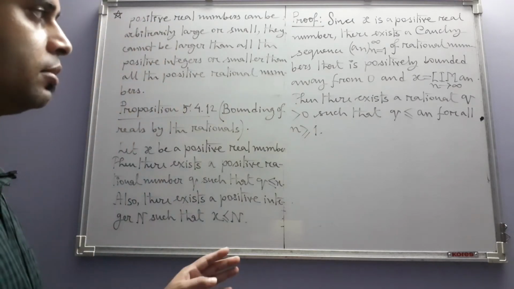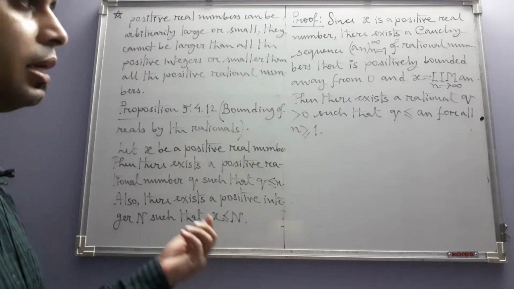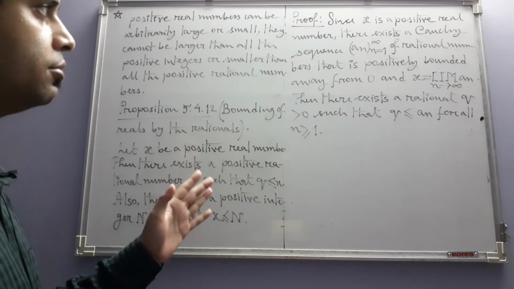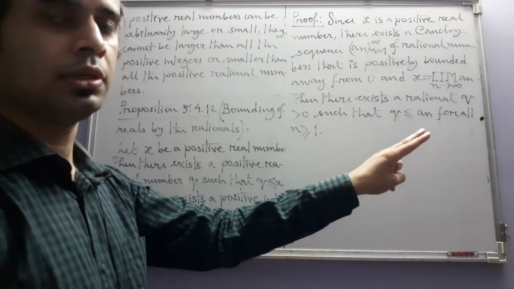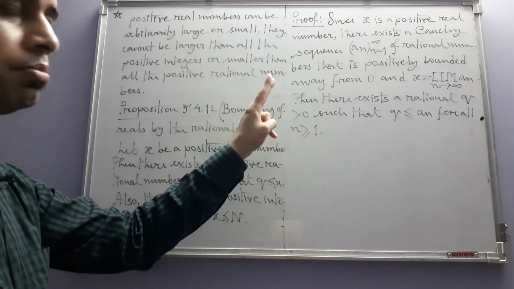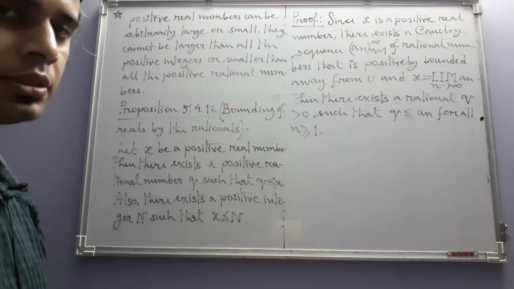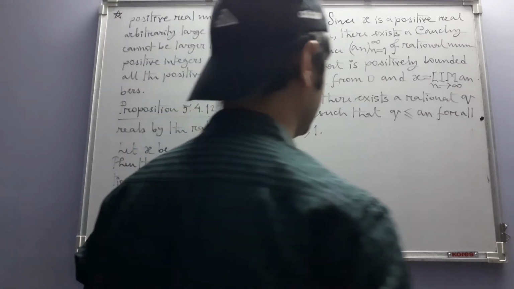Okay, so x being a positive real number has led to all of this. The next thing we will use is that a_n is a Cauchy sequence, and we have already proved in the section on Cauchy sequences that such sequences are always bounded. We will use the boundedness here.